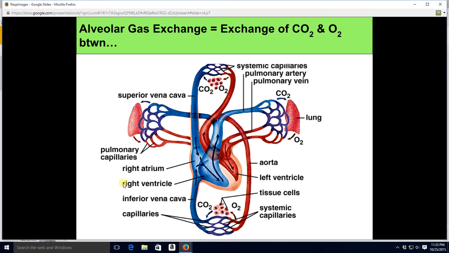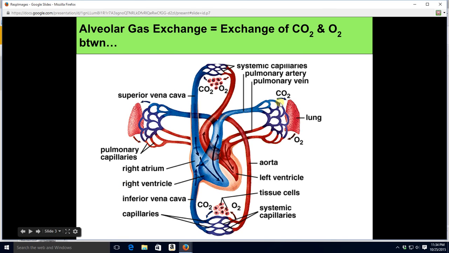Another one is alveolar gas exchange. This is the gas exchange that occurs between the air in the lungs, specifically the air in the alveoli, the little tiny skinny sacs, and the blood in the pulmonary capillaries. Obviously, we're exchanging CO2 and oxygen.